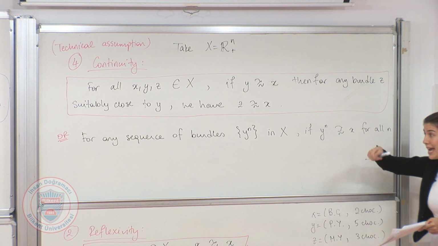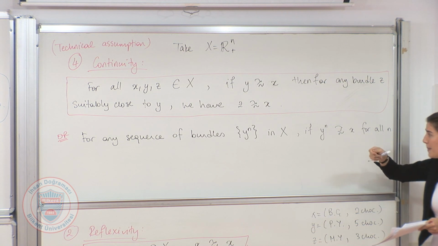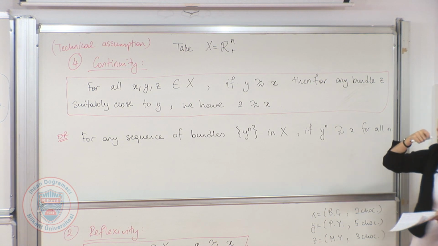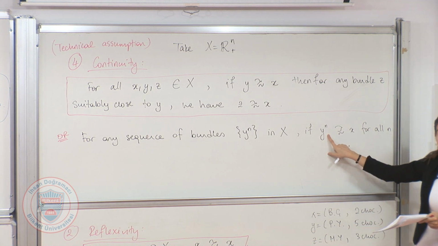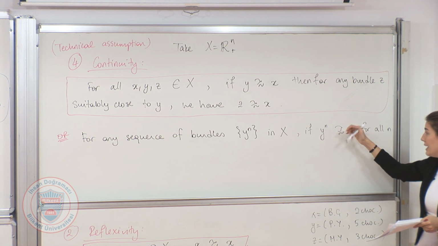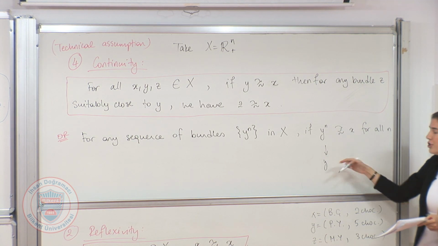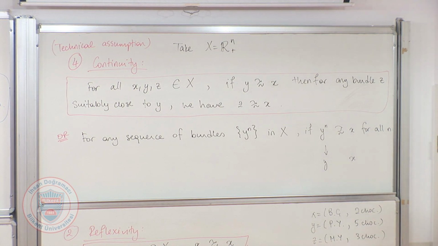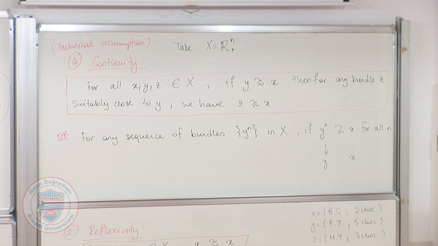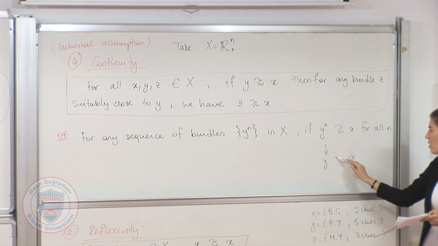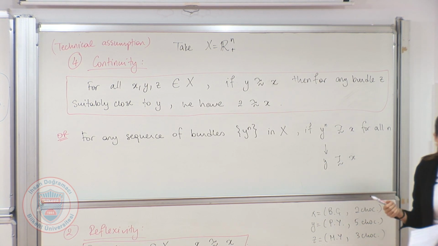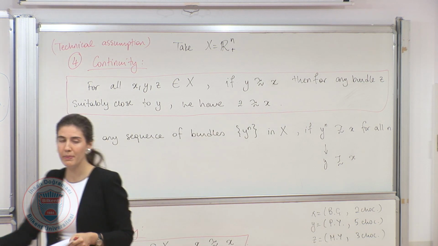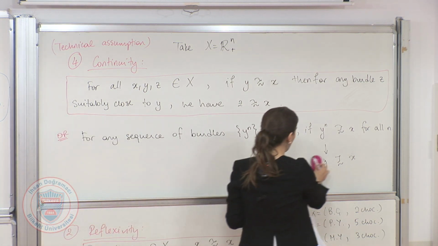Take any sequence of bundles, and for every element in that sequence you can say this. Then if this sequence is converging to y, what can I say between y and x? This is the formal definition of continuity. It means that y should also be at least as good as x if they converge to y. So this is what we mean by continuity.